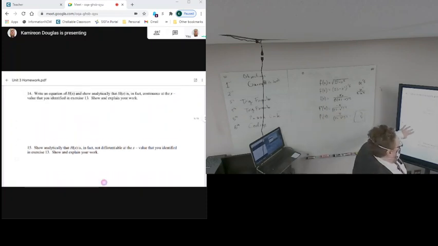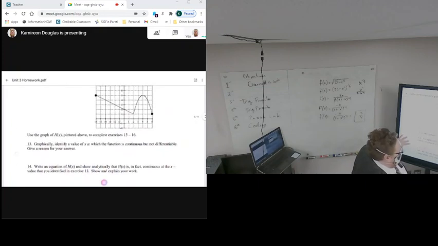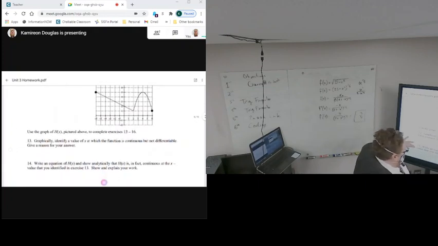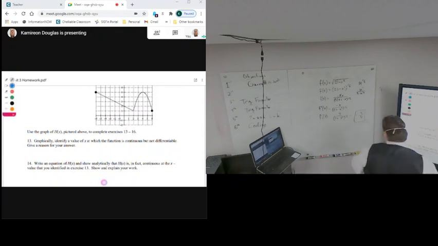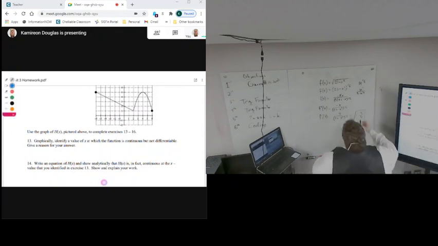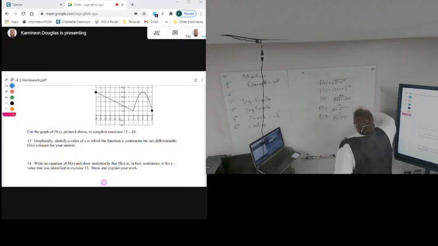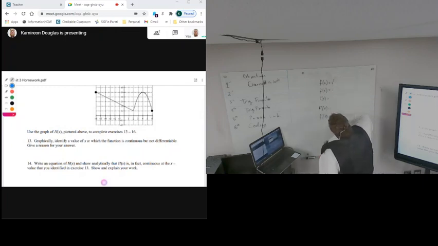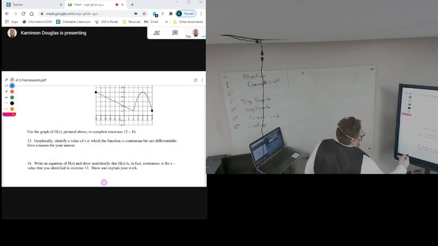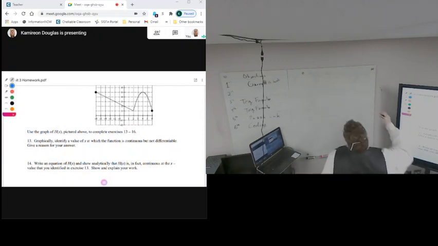So let's go ahead and do 14 real quick. So 14, I need to find my function first. So it's going to be piecewise.